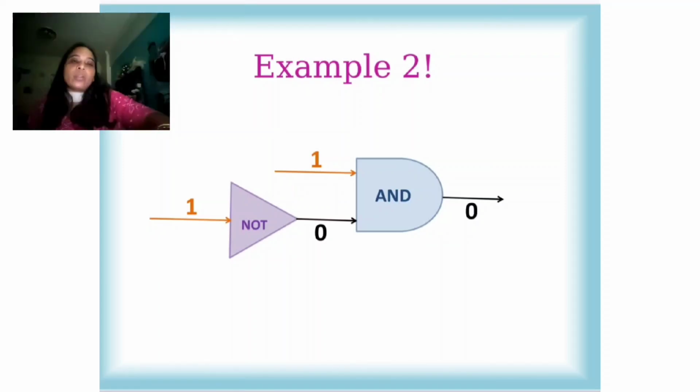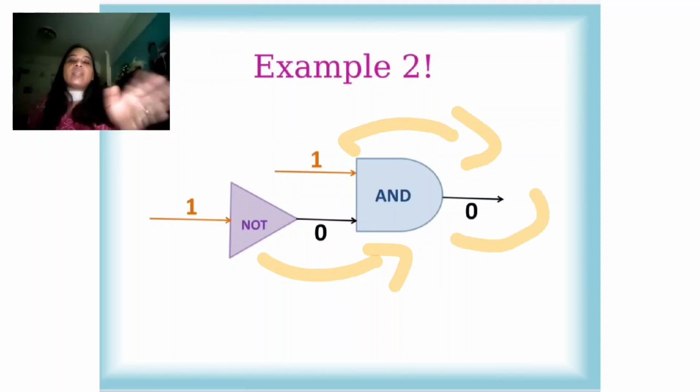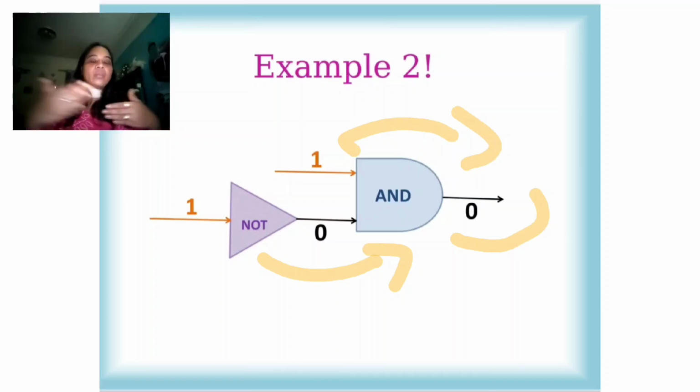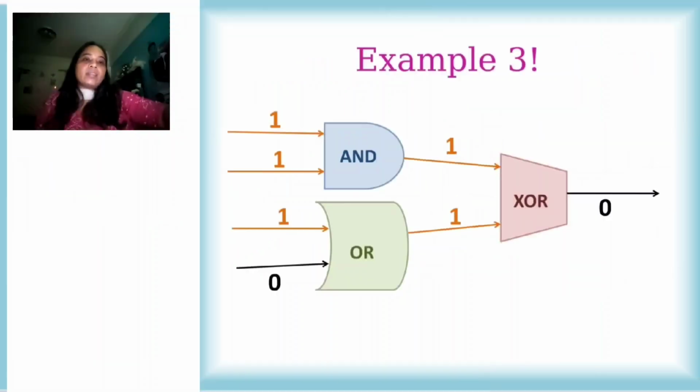For example, the NOT gate depends on the AND gate. Here you pass this input in the on position, and the output is off. Here you pass this input on, and through the AND gate you get the result off. So here we are concatenating two gates, NOT and AND.